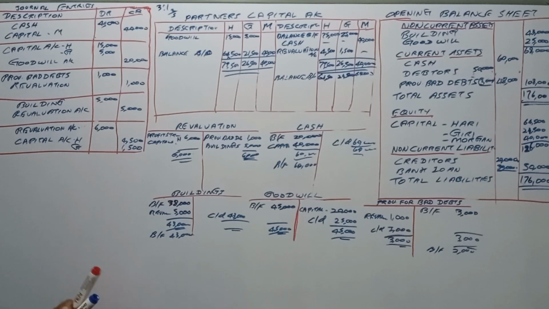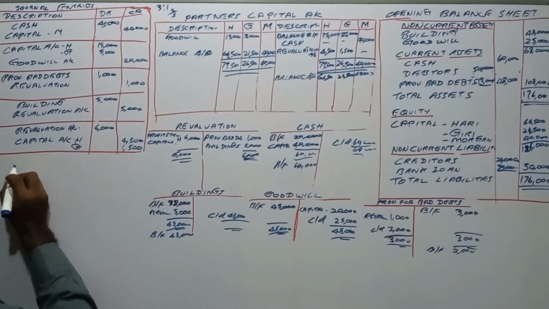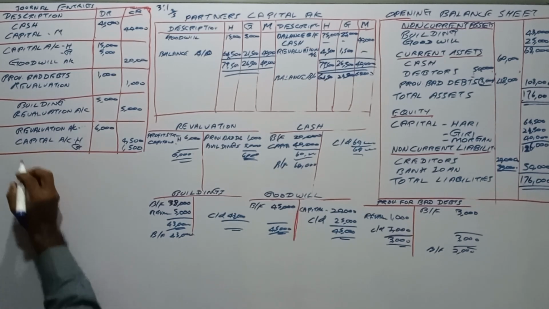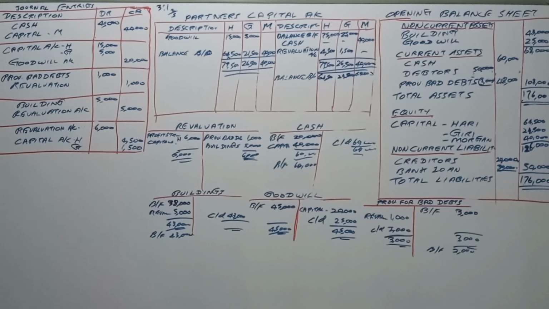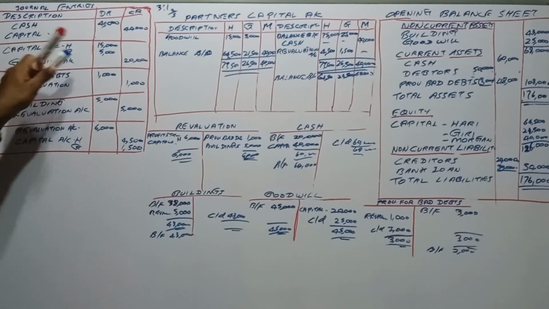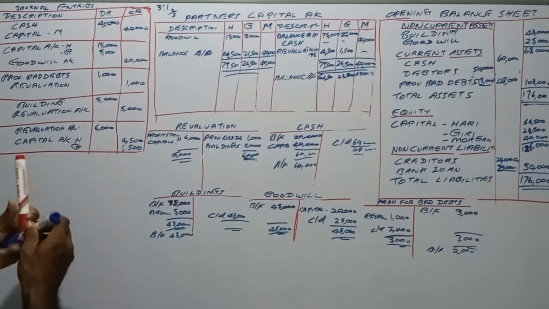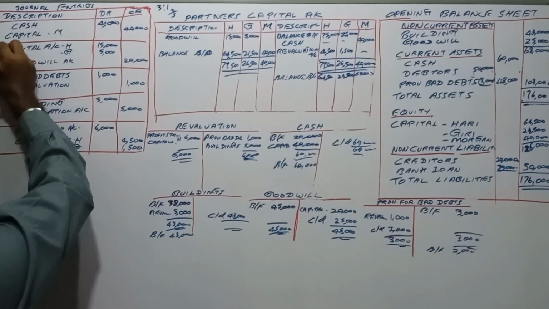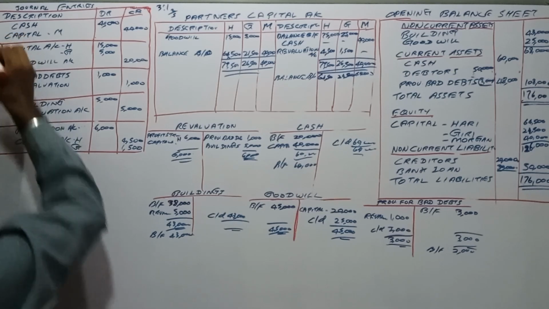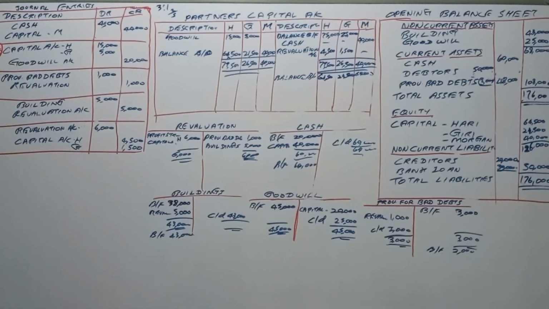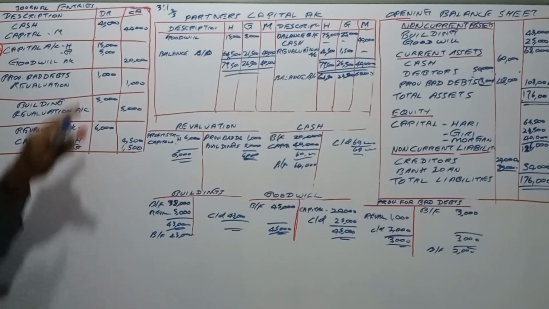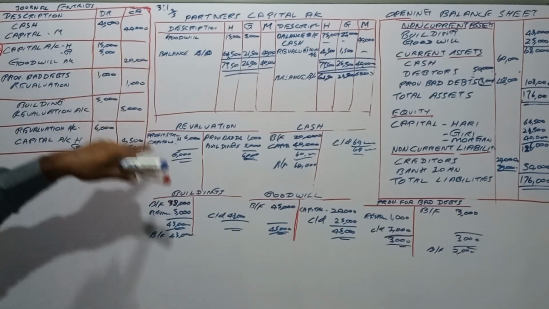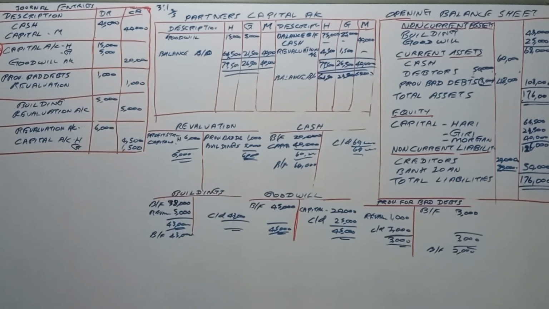Then we go to the partners' capital account: capital account debit, goodwill account credit. This is the entry. Decrease in goodwill: capital account debit and goodwill credited, that is the double entry.